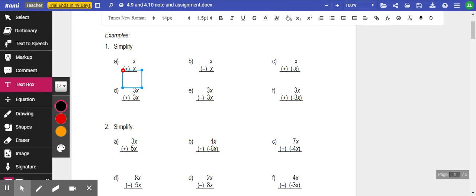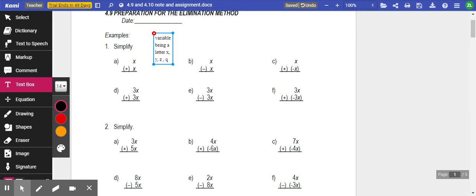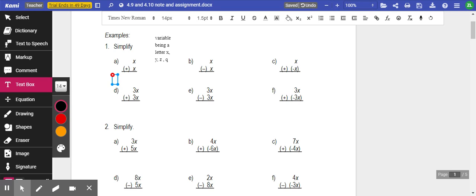So we always imagine if it has nothing beside our variable, once again, a variable being a letter, so x, y, z, q, etc. And if it has nothing besides the variable, that simply means it's 1. So in this case, we have 1x plus 1x. And that's going to get us 2x.